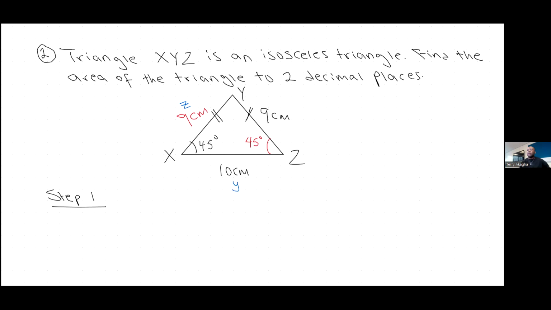That means here our x is going to be 9 centimeter, our y is going to be 10 centimeter, and the angle, sorry, not x, is Z. So here is Z. So z is 9 centimeter, and our angle X is equal to 45 degrees.